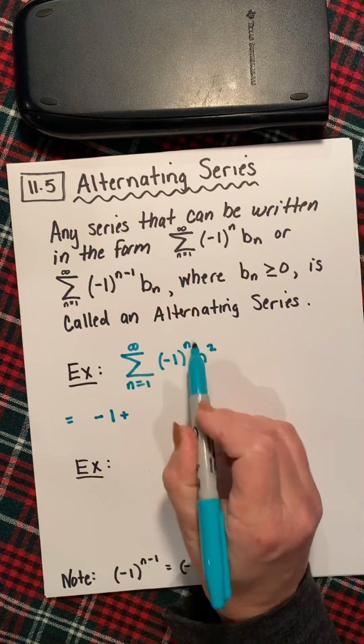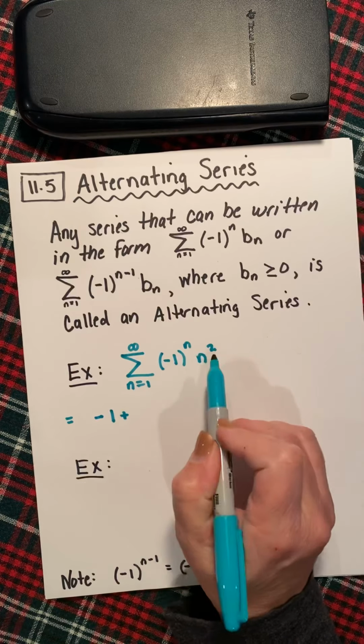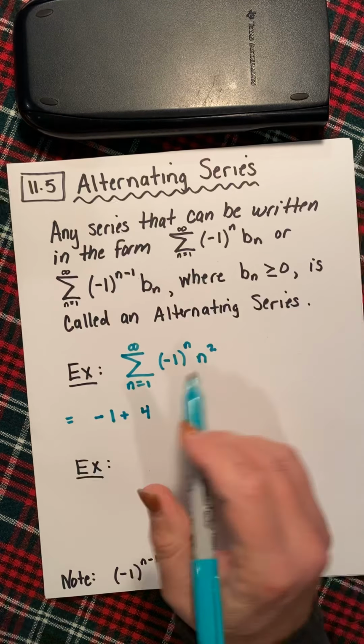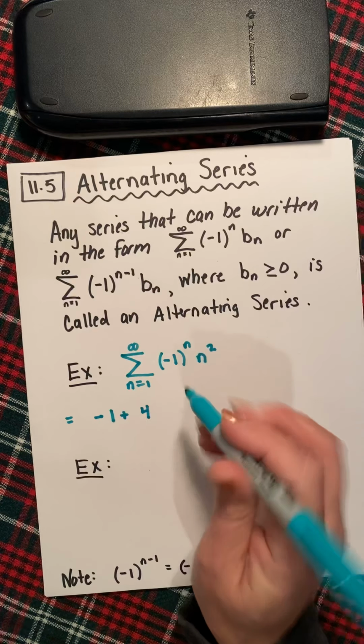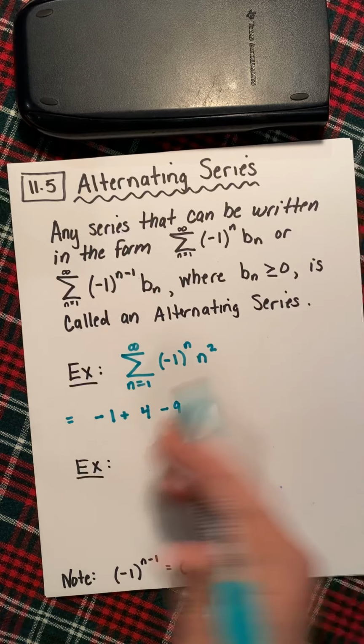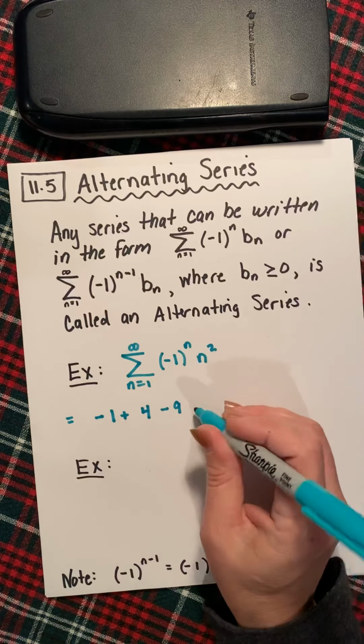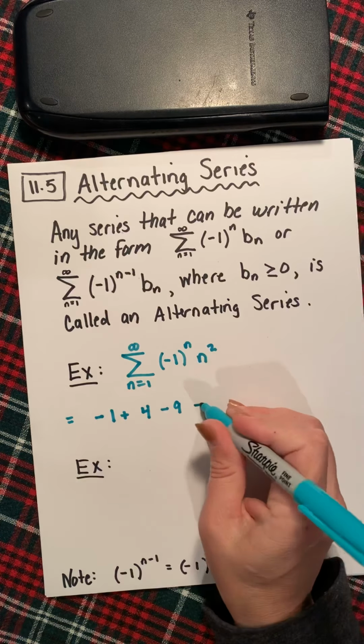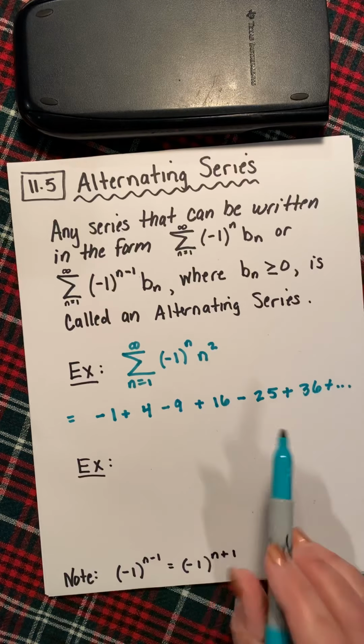Plus, if n was 2, this becomes +1, and it would be +4. If n is 3, we get -9. So we can see that the terms alternate between positive and negative: +16, -25, +36, forever.